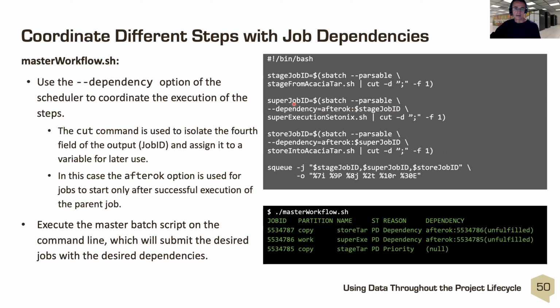So this second job will only execute if the first job is executed with a successful end value. And the third job will also only execute if the second job has an exit value of success.